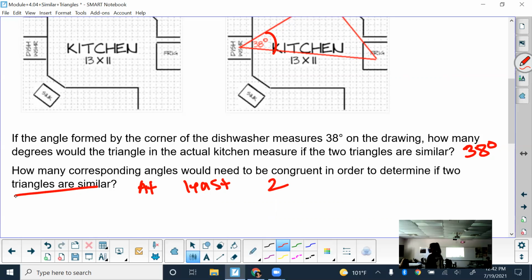You need all 3 to prove that they're congruent. I take it back. So to prove that they're similar, you need at least 2. If you have the third, great, but you only need 2. Questions?